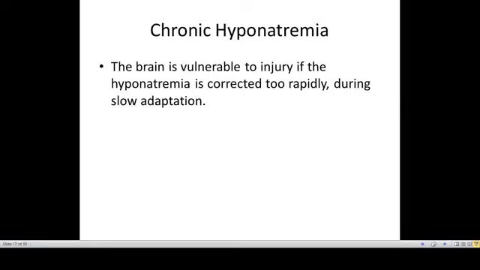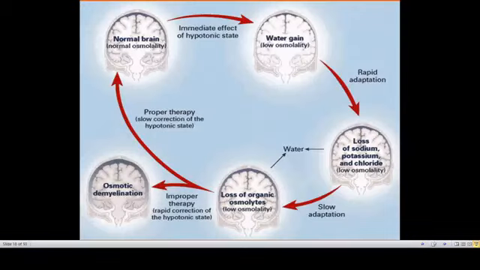This may lead to osmotic injury of neurons known as osmotic demyelination. This figure depicts the effects of hyponatremia on brain tissue, also showing rapid and slow adaptation along with osmotic demyelination.